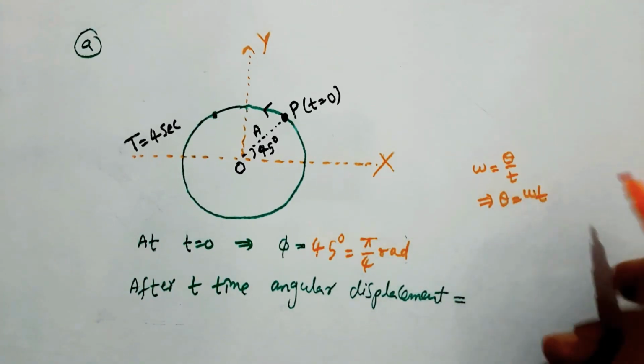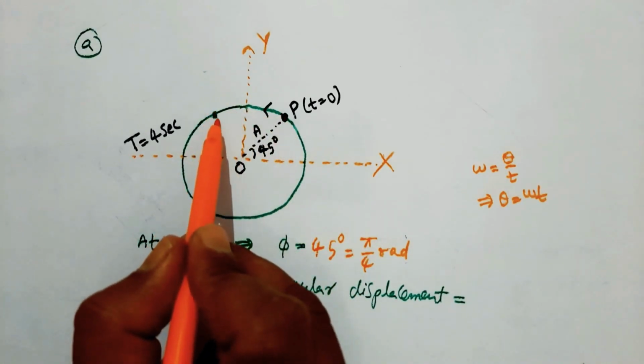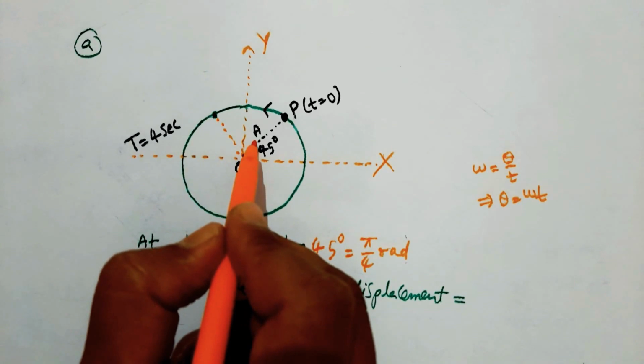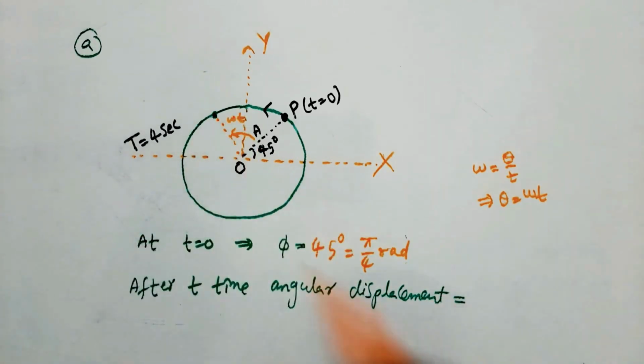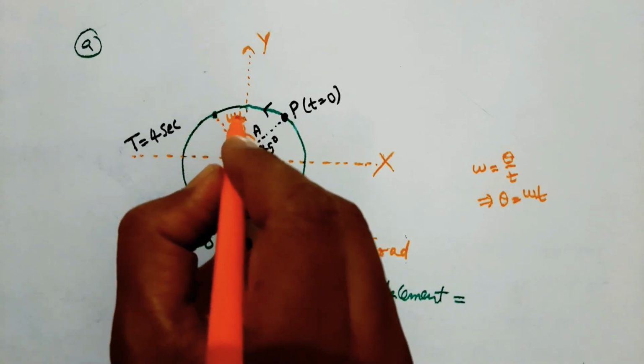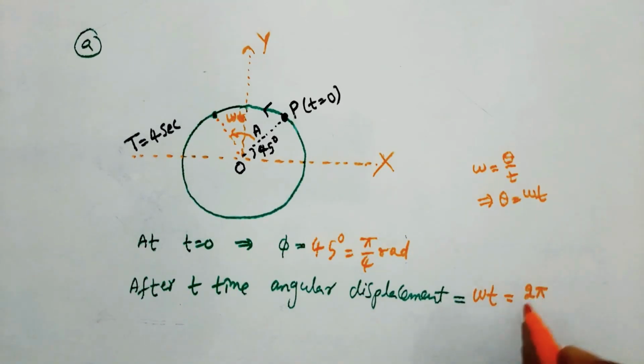Omega into t. So after t time, the particle is here. For example, the particle is here. So your angular displacement is how much? It is omega into t. Here omega is the angular frequency, that is 2 pi by capital T into small t.